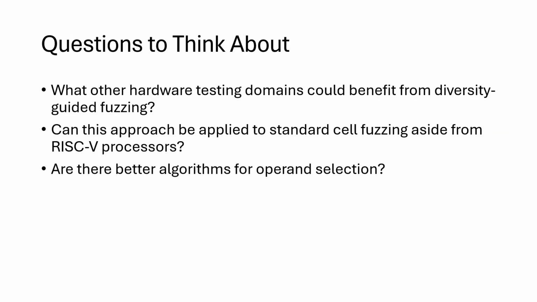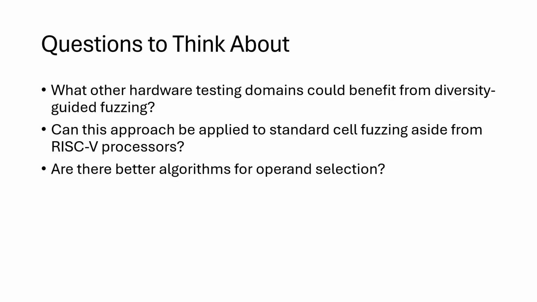Lastly, some ideas going through this paper were: would this approach be able to be extended to other hardware domains? Apart from CPUs, can other hardware ASIC designs benefit from diversity-guided fuzzing, where you're looking at the output and trying to guide the fuzzing from the output instead of the input?